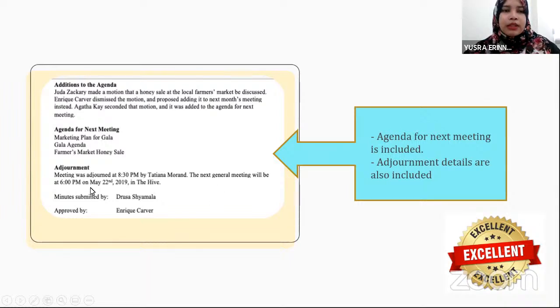The next general meeting will be at 6 p.m. on May 22nd, 2019 in the Hive. The last thing that you need to put there is minutes submitted by and approved by whom. Clear? I think this is quite straightforward.